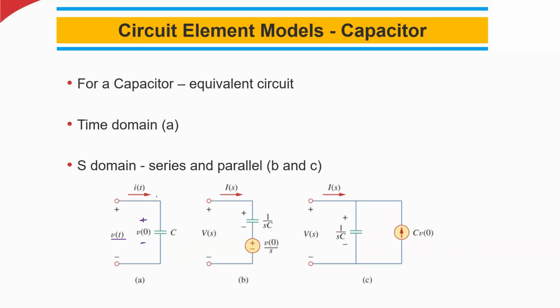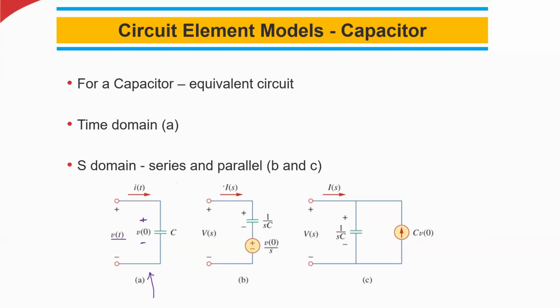This is the equivalent circuit of the capacitor in the time domain. Now if you make the equivalent circuit in the S domain, what will happen? Same circuit, we put the initial voltage like this, plus and minus, same polarity. The supply voltage is capital V(s).